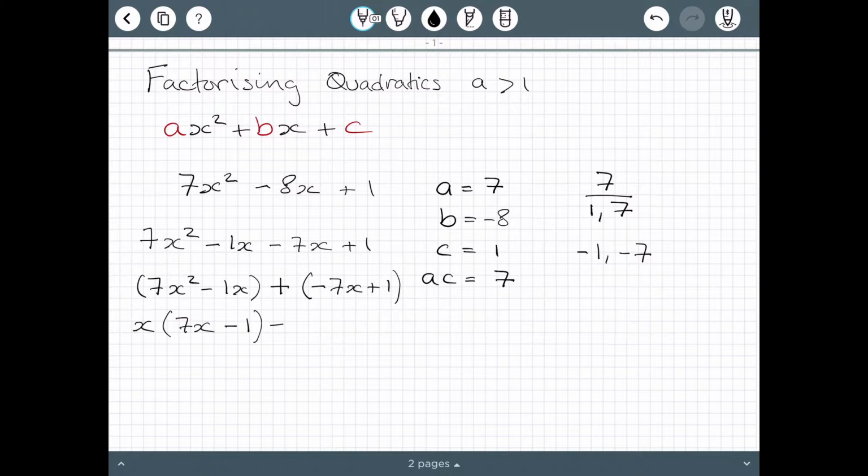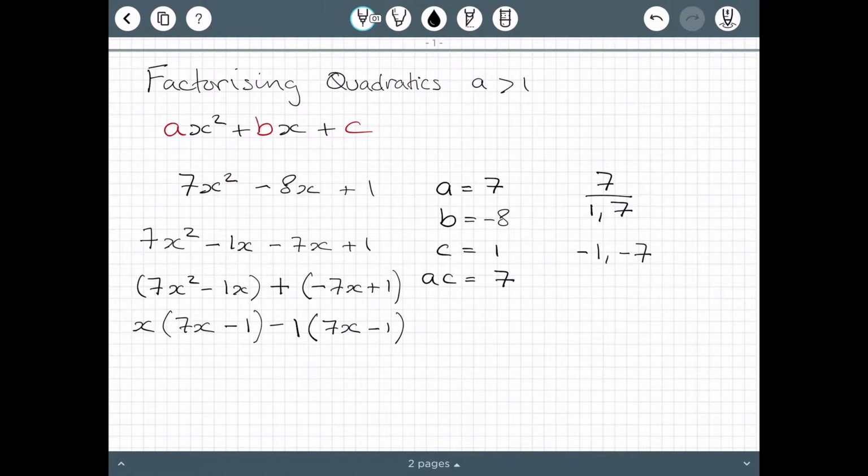The only number I can see that's common to negative 7 and to 1 is 1. Because if I divide both of those numbers by 1, I get the same answer. So let's take out negative 1 and see if this works. Negative 1 times what gives me negative 7x? Negative 1 times 7x. Negative 1 times what gives me positive 1? Well, that would be negative 1.